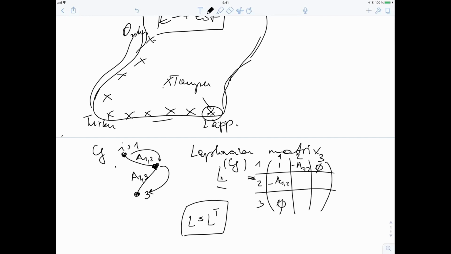So this is A12. And here for node 2, we have to sum A12 plus A23. Okay, and between node 2 and 3 is again minus A23, and node 3 has only one edge, so we have here A23.